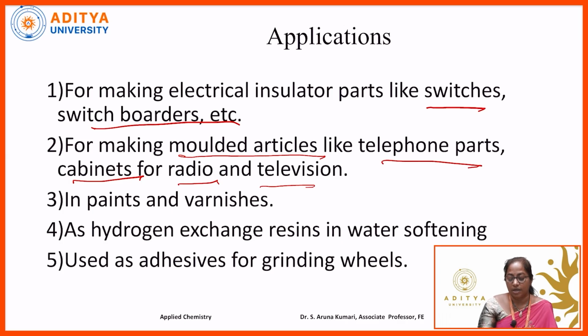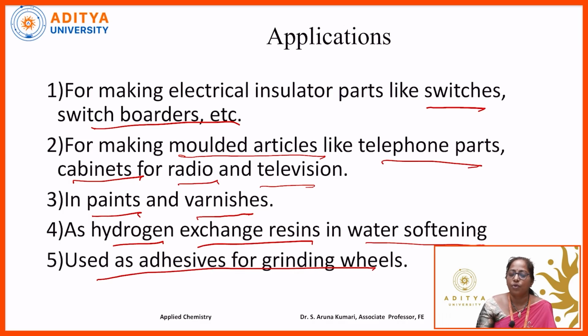This polymer is also used in making of paints and varnishes. It is also used as a hydrogen exchange resin in water softening. So, this polymer is also used as an adhesive for grinding wheels. So, these are few applications of the polymer which is known as bakelite.